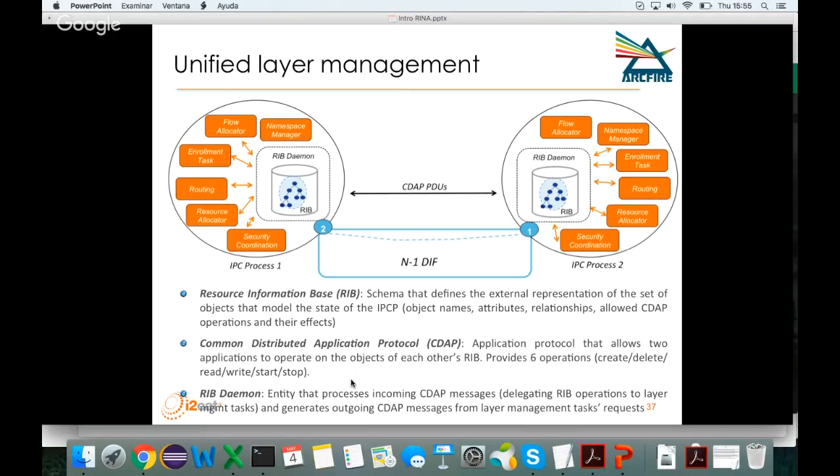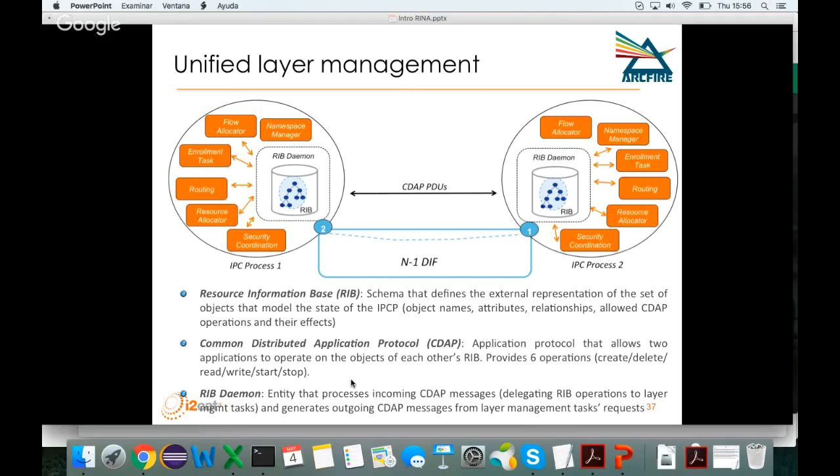And then we have the RIB daemon. What it does is when it gets a CDAP message, it looks at what object is being invoked and delegates the processing of the message to the object. So with that, we can create control plane protocols much more easily, because 90% or 80% of what is currently in the specification is common and is just done once.